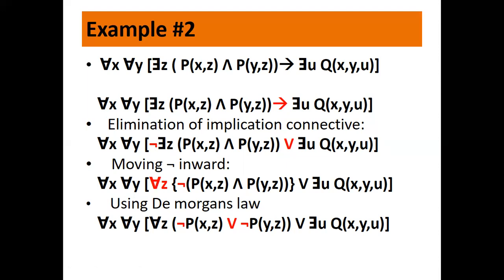After doing this, we used De Morgan's law, and by applying it the negation is moved still more inside, and the AND operator gets converted to an OR operator. So negation of P here or negation of P here. Is it fine?